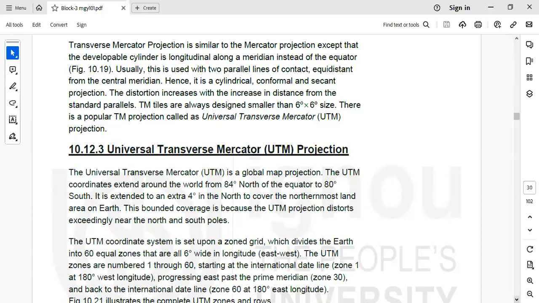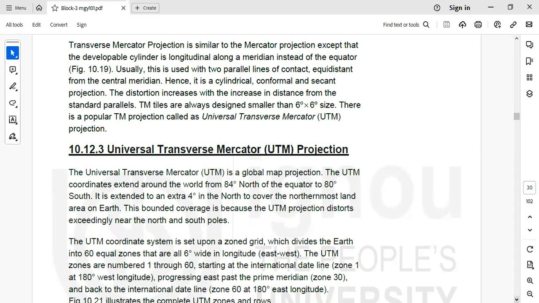This map projection can be used to represent the area studied from 0° at the equator to 84° north in the northern hemisphere, and in the south it is used to represent 0° at the equator to 80° south.